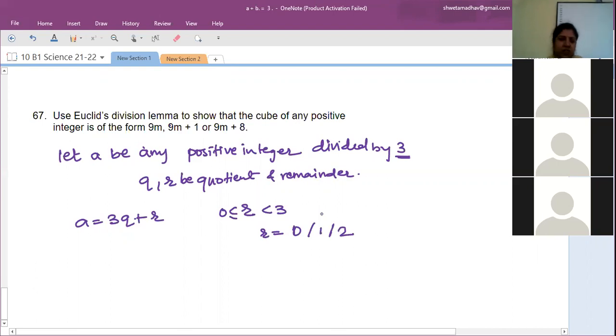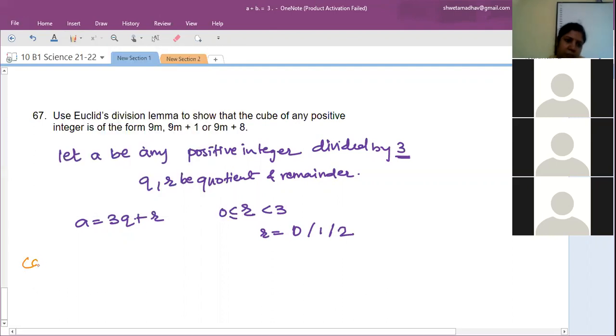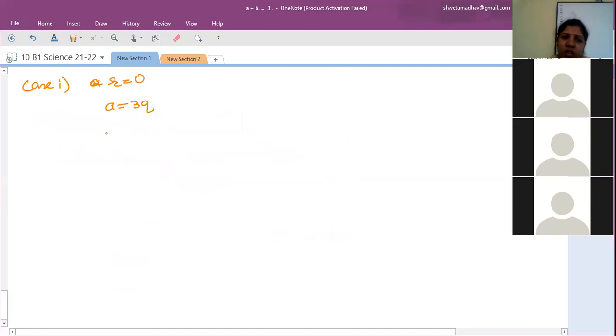So now take case 1, when r is equal to 0. So a is equal to 3q. If a is equal to 3q, they're asking for the cube.